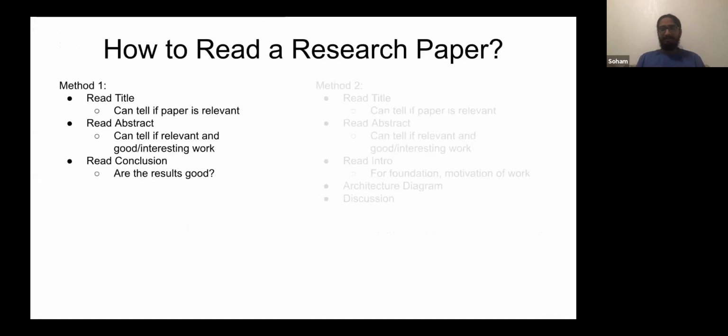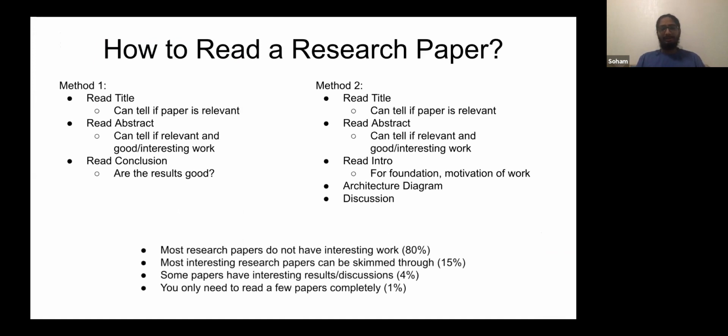Yeah. So now I want to tell something that is a bit controversial. And of course, these stats, like 80%, 15% and all, are not set in stone. That's just something that I came up with off the top of my head. But basically, about 80% of the research papers that you will find will not have done anything interesting or relevant, right?